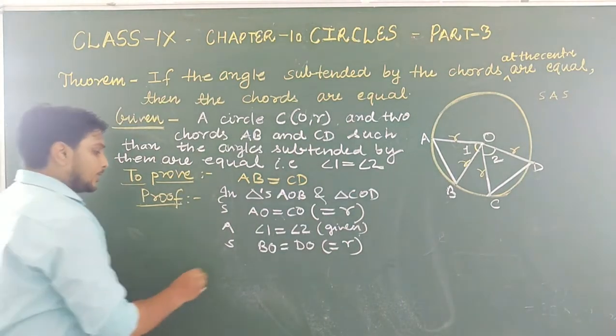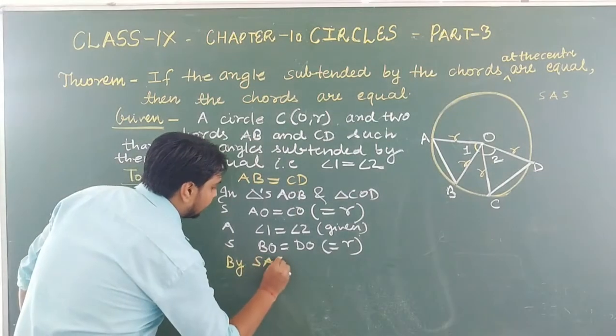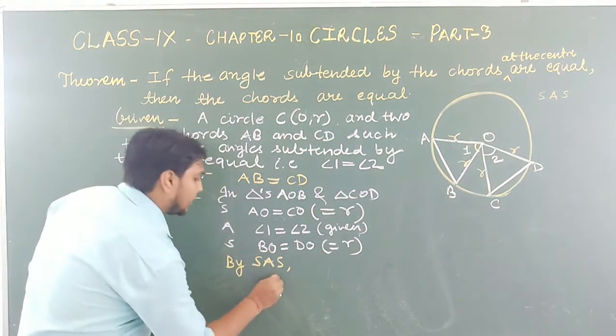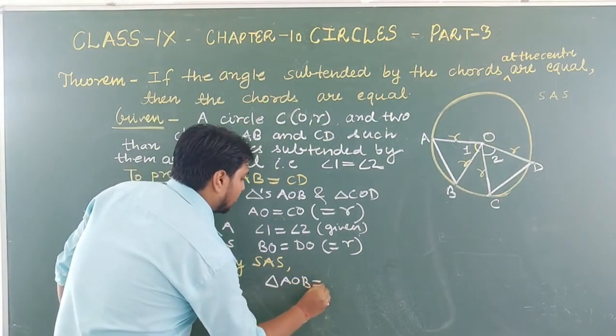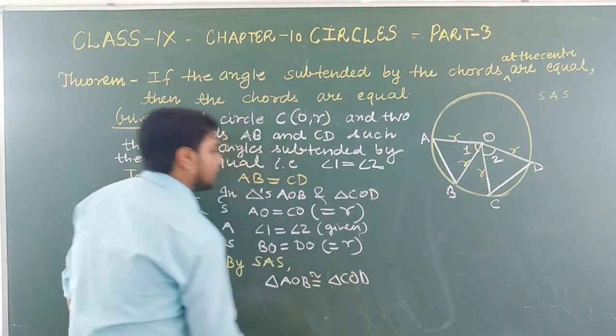Okay, so students, by side angle side criterion, we can say that triangle AOB is congruent to triangle COD.